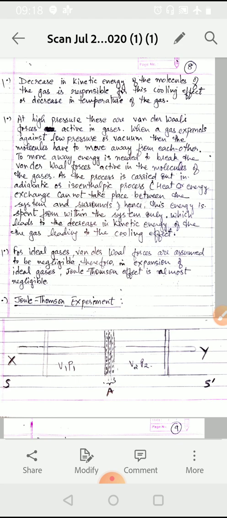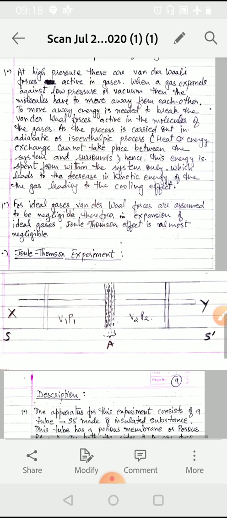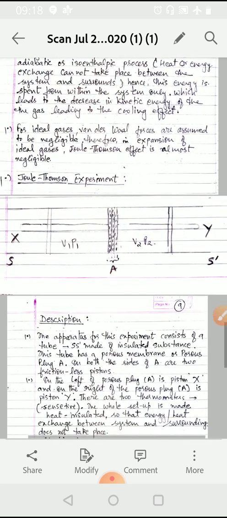Now, as the process is carried out in an adiabatic or isenthalpic process, that is, heat or energy exchange cannot take place between the system and the surroundings, this energy which is required has to come from within the system, which leads to the decrease in kinetic energy of the gas and thus the cooling effect. For ideal gases, van der Waals forces are assumed to be negligible. Therefore, in expansion of ideal gases, the Joule-Thomson effect is almost negligible.